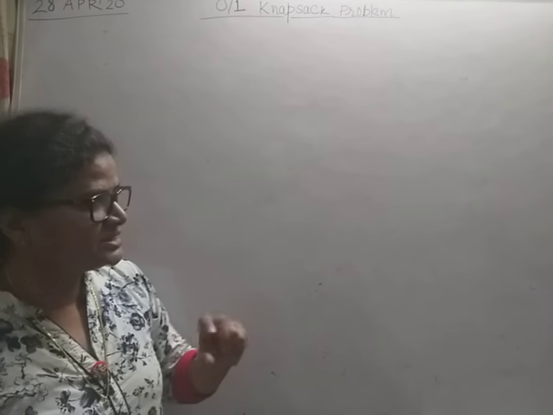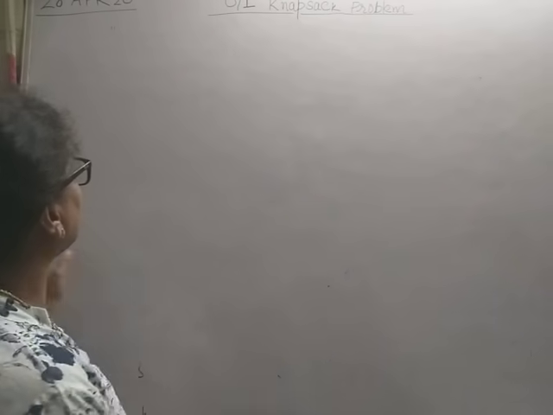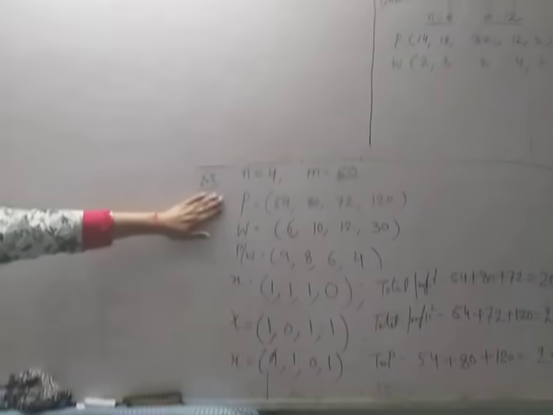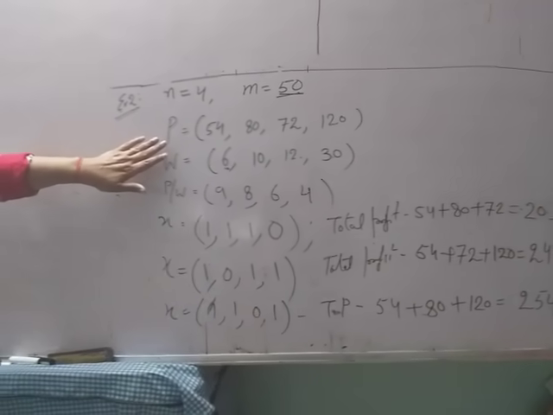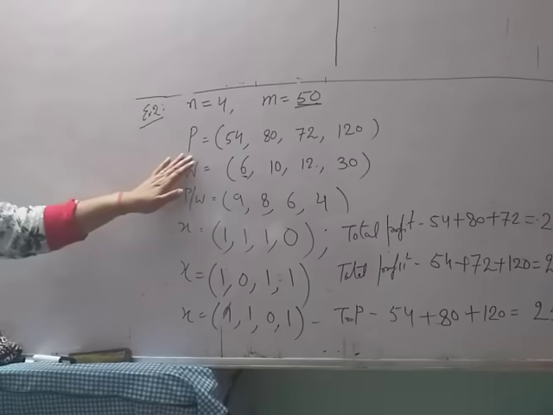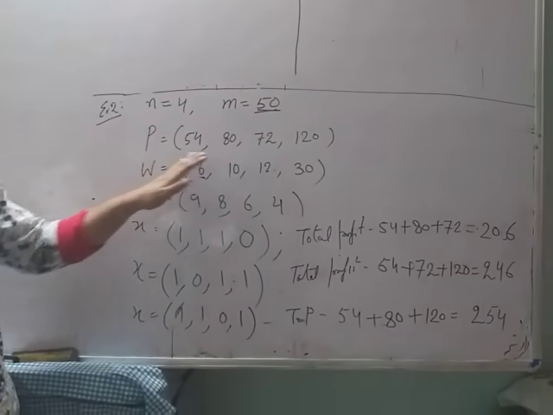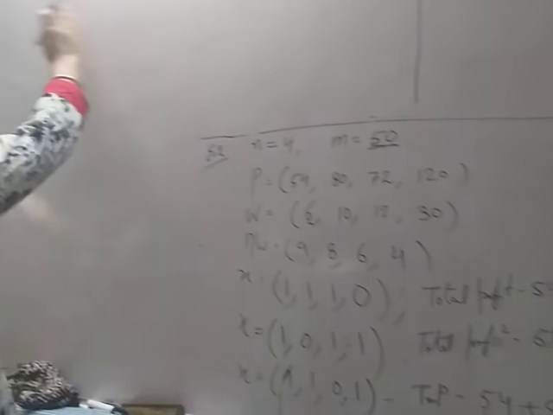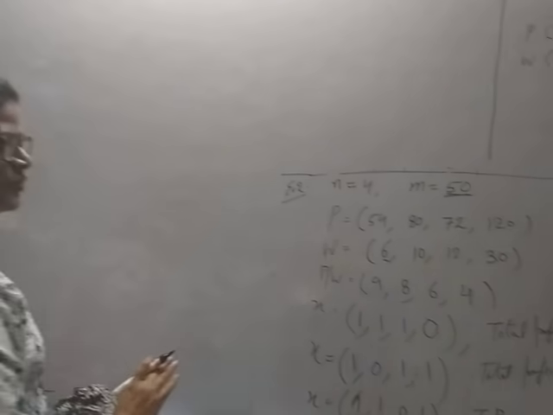Suppose we have the example I discussed in part 1: n equal to 4, m equal to 50, with the profit vector and weight vector. Suppose n is 4.